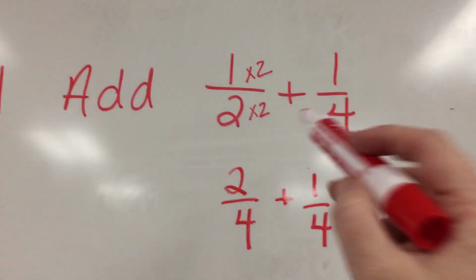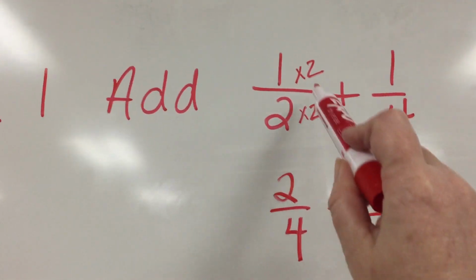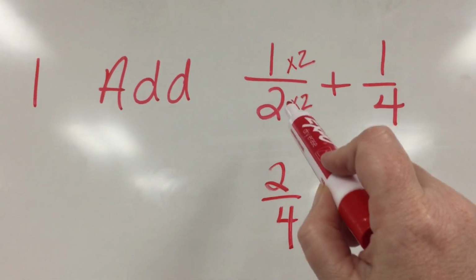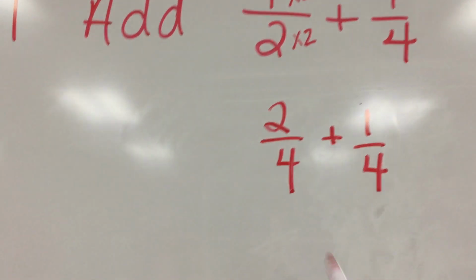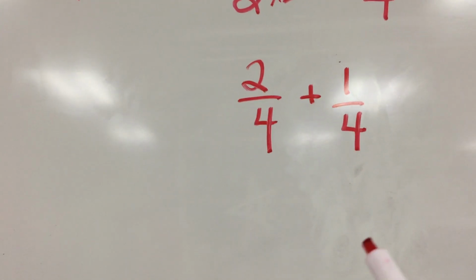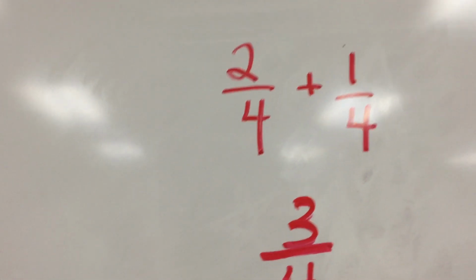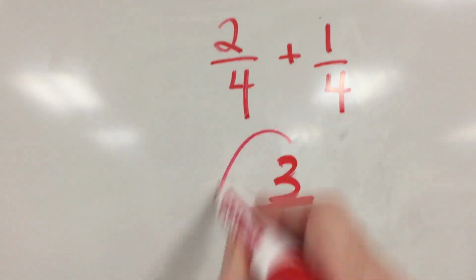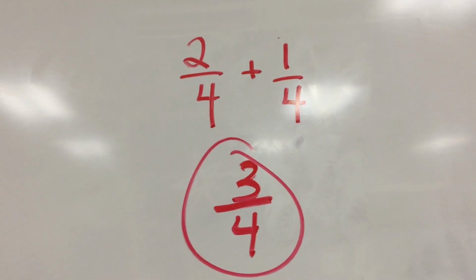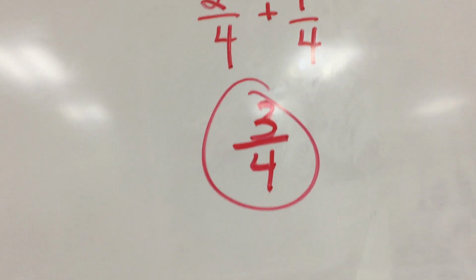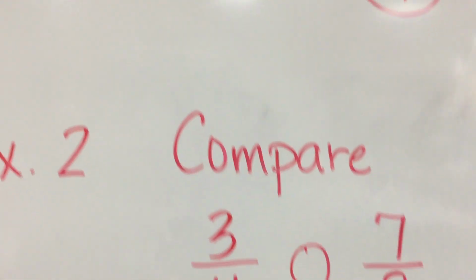So on your paper, I want you to make sure you write the little multiplication part here, times 2, times 2. Then when we add fractions, we just add the numerators, 3/4. Remember to pause to give yourself time to work.